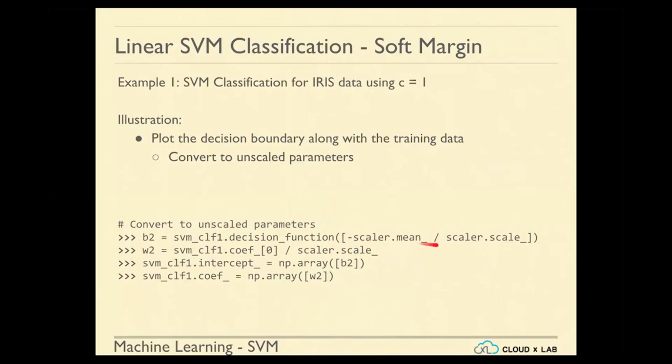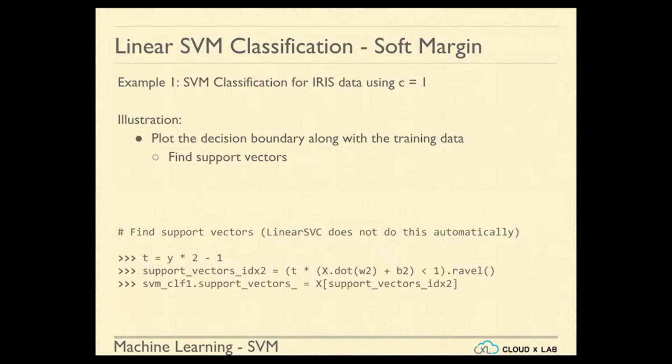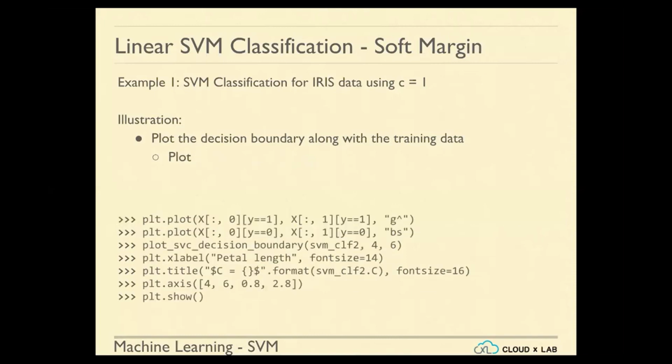Using this mean divided by scale, we are asking the SVM decision function, and then we are finding the intercept, we are finding the coefficients, and then afterwards we are finding the support vectors, and so on.